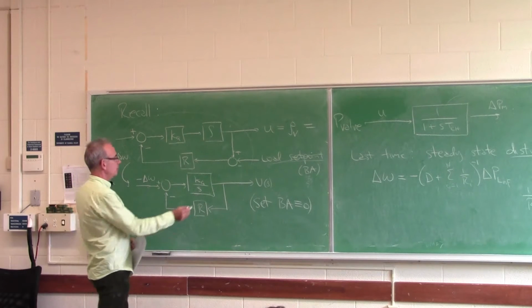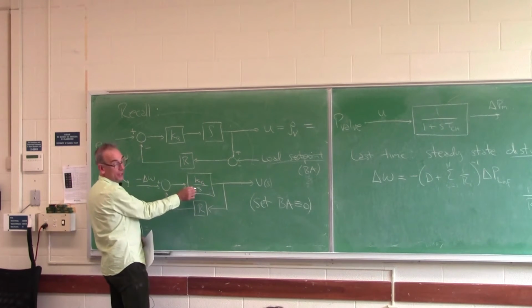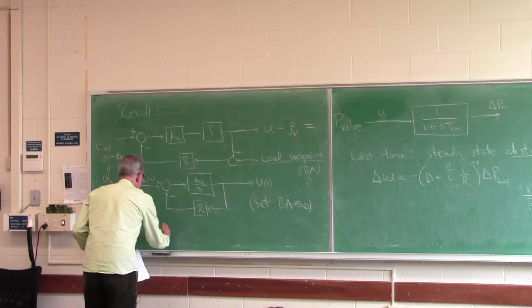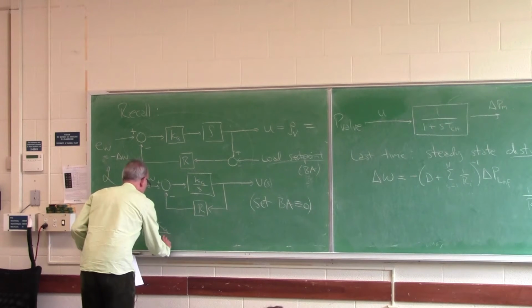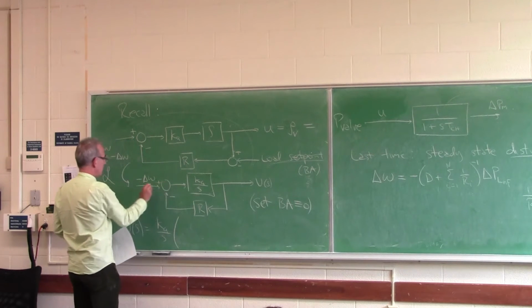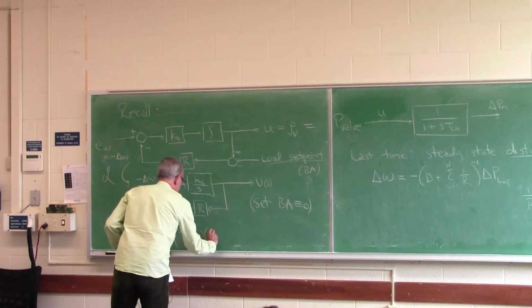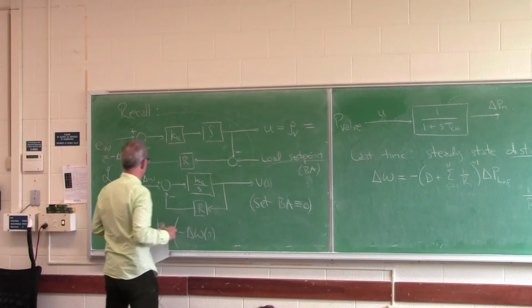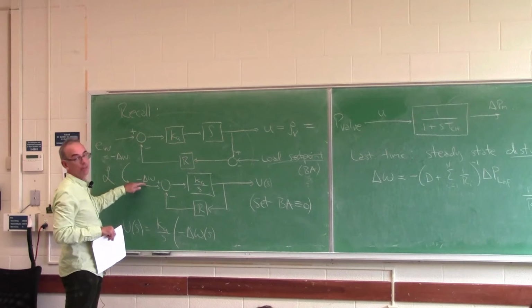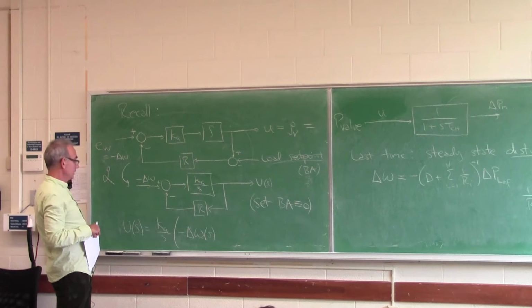So by definition, this means U of S is equal to this transfer function times minus delta omega, that was time domain and that was frequency domain, but I'm using the same symbol. Sorry.